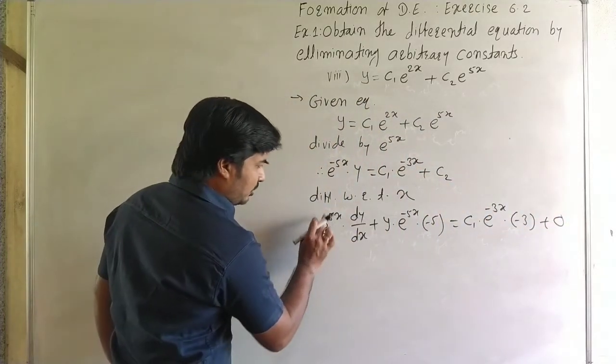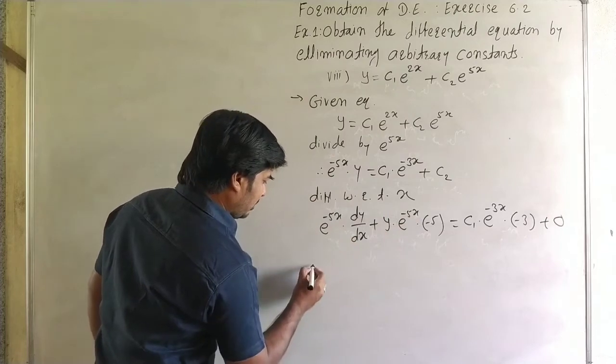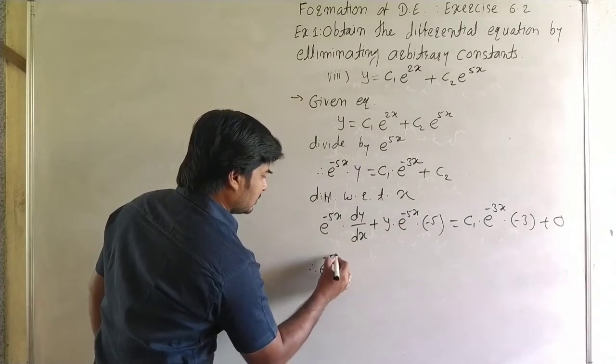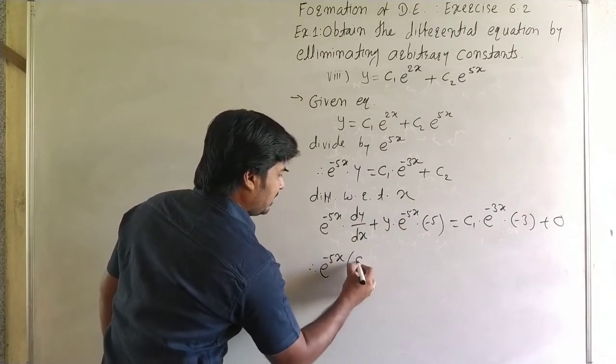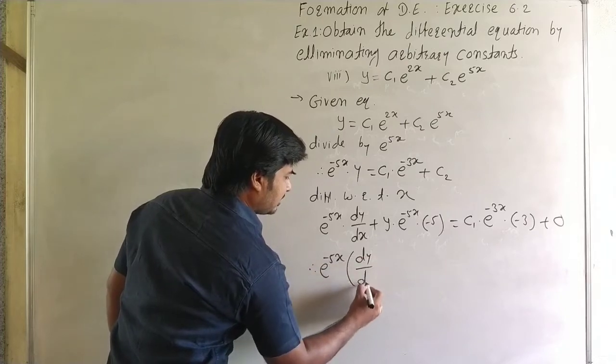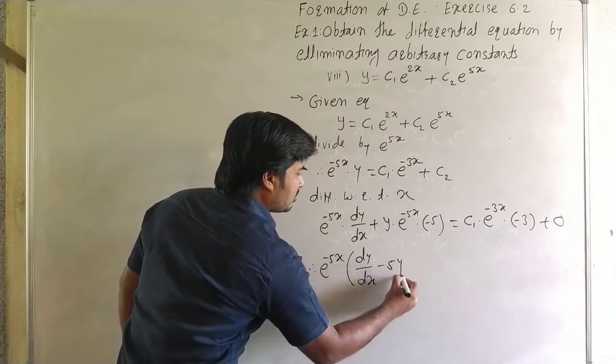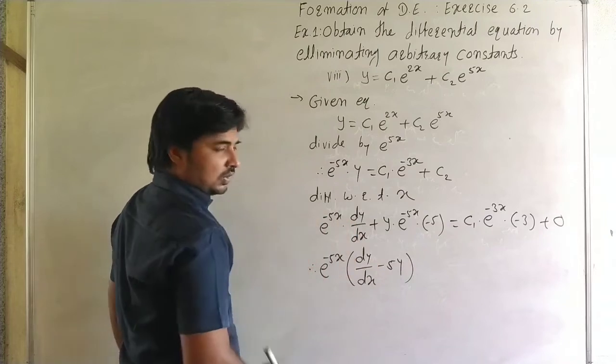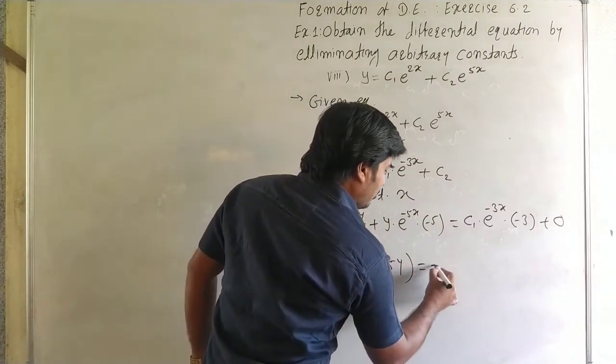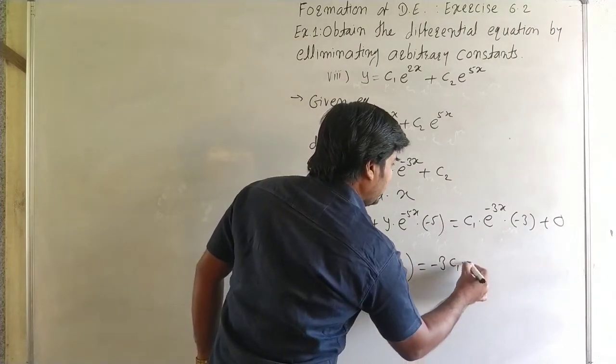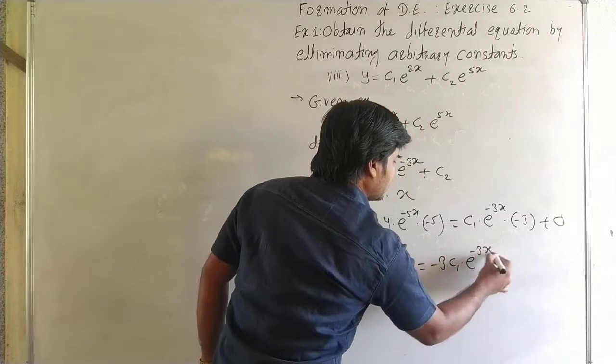Now here e to the power minus 5x we take common, then remaining as dy by dx minus 5y is equal to minus 3c1 into e to the power minus 3x.